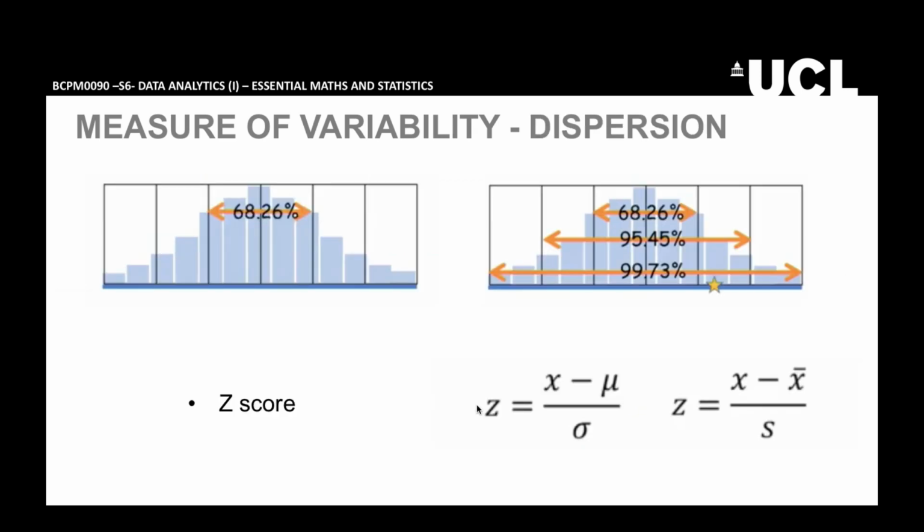And finally, we are going to talk a little bit about dispersion of the data. In a normal distribution, 68.26% of the data is within one standard deviation plus or minus of the mean. 95.45% of the data is within two standard deviations.